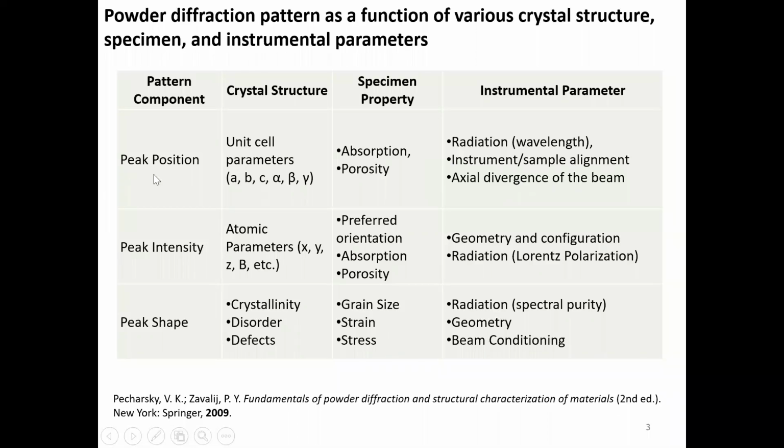So peak position depends on these 3 parameters. This is from the crystal, the unit cell of the sample, this is from the bulk of the sample, and this part is from the instrument. So if all 3 are correct, especially your sample property and instrumental parameters, you can calculate the unit cell parameters from the refinement as well.